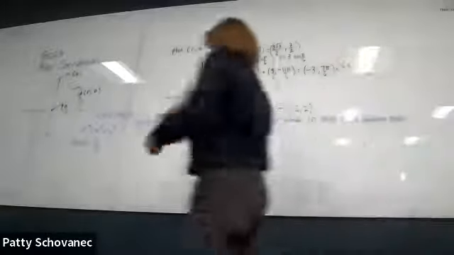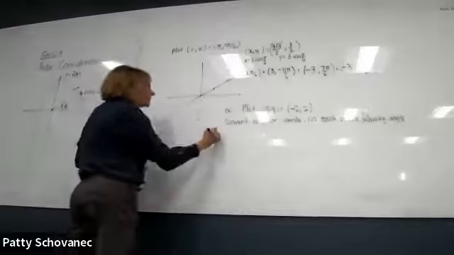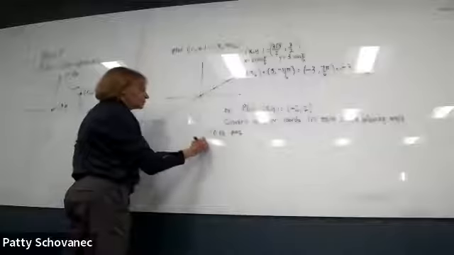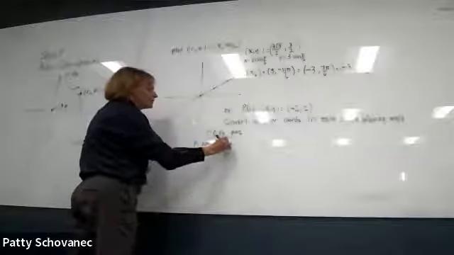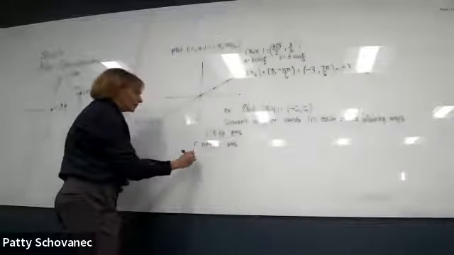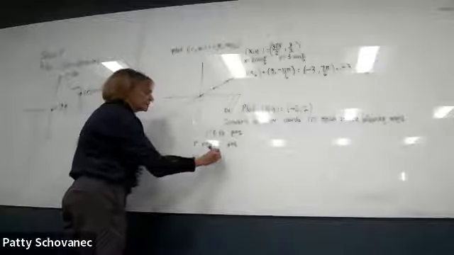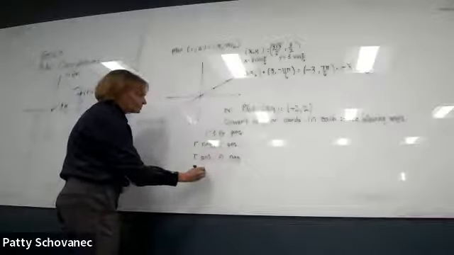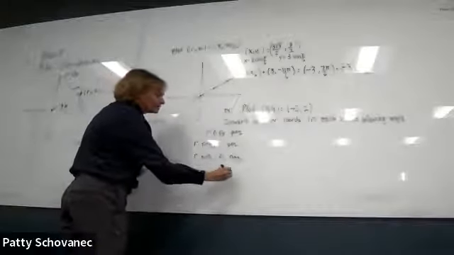I want r and theta positive. I want r negative, theta positive. I want r positive, theta negative. And then I want r negative, theta negative.